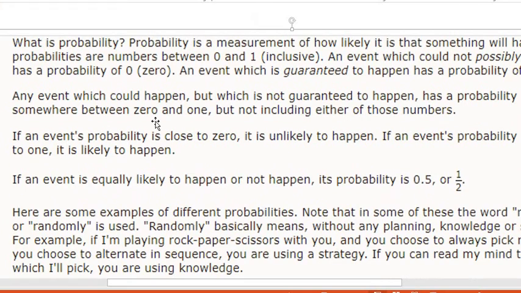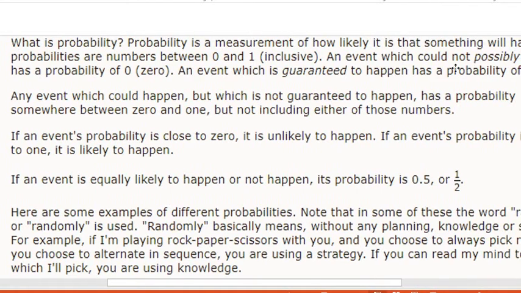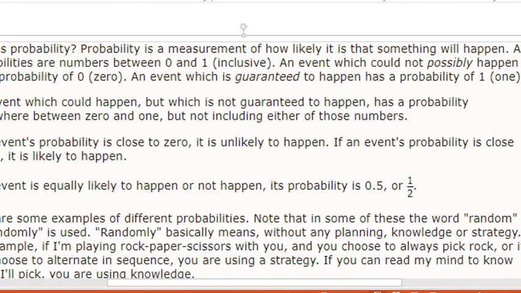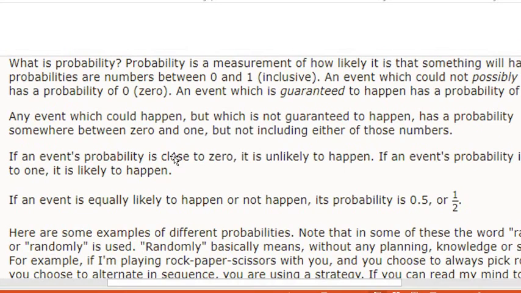Okay, what is probability? Probability is a measurement of how likely it is that something will happen. Probabilities are numbers between 0 and 1 inclusive.